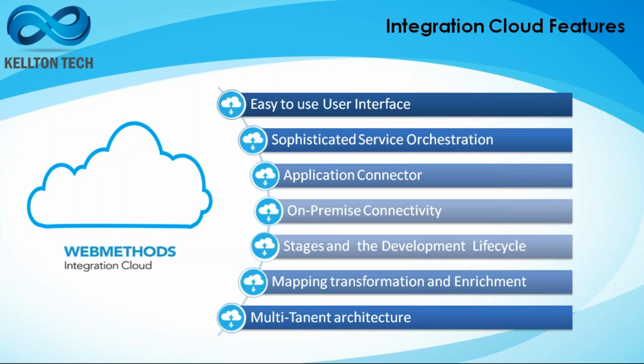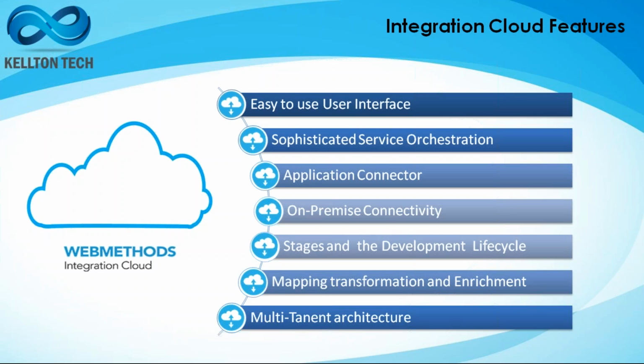Mapping and transformation functionality is provided, which is inbuilt on that graphical user interface. You just have to select what you want to use and integrate it into your services.